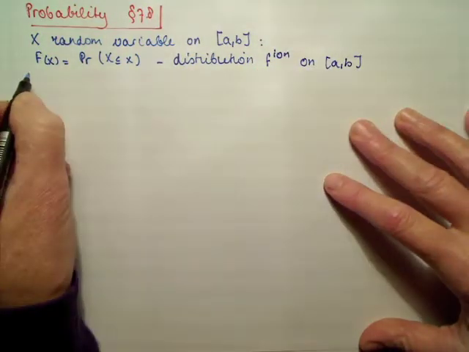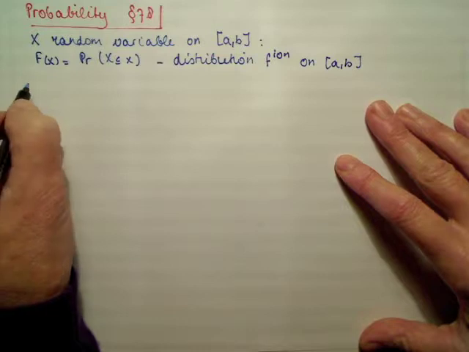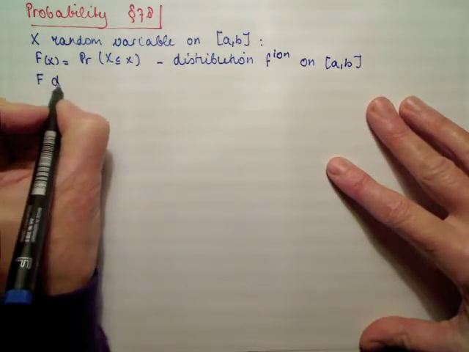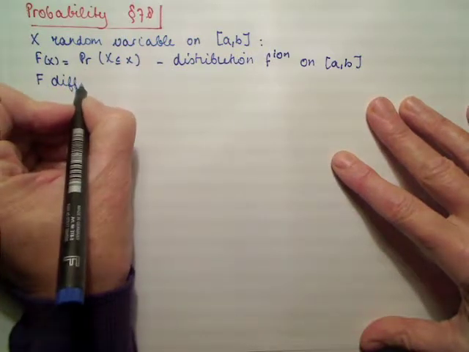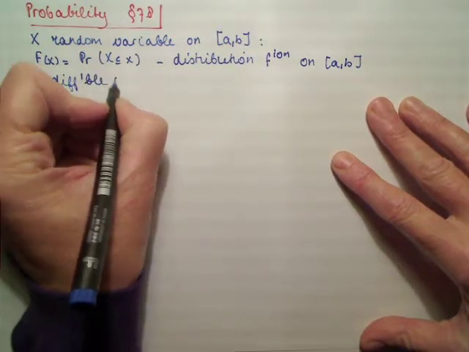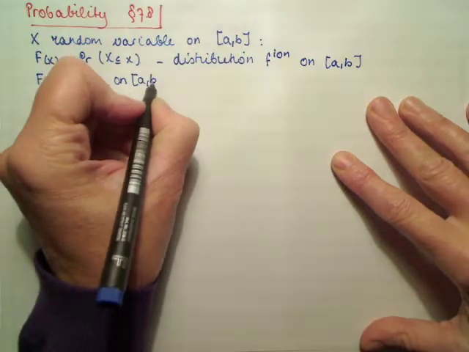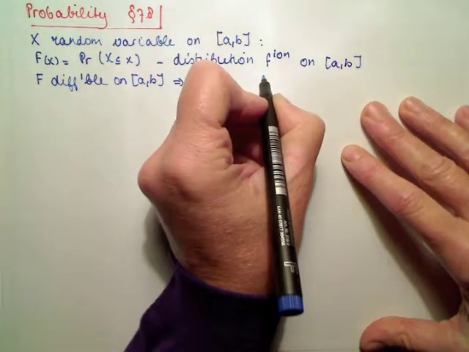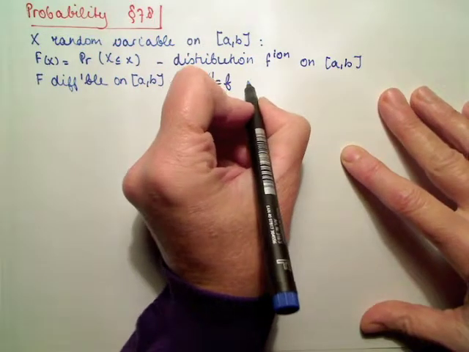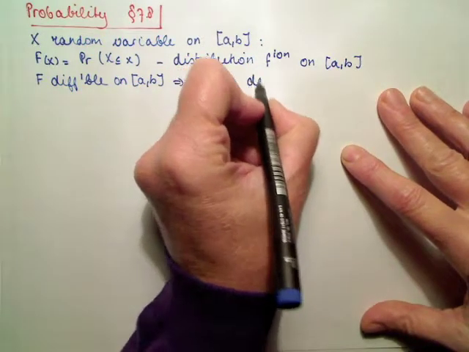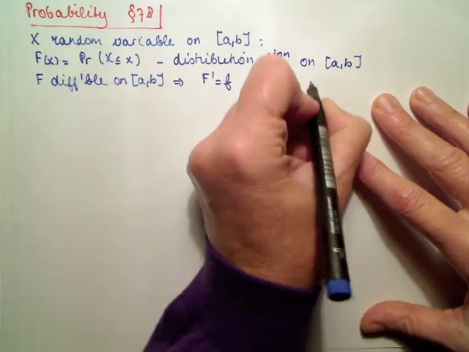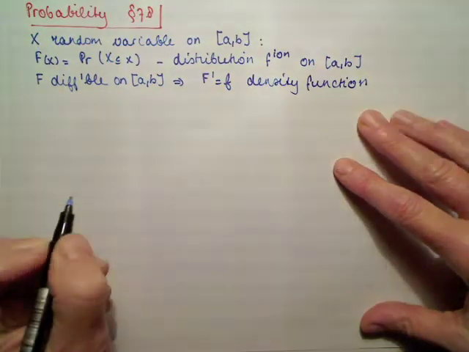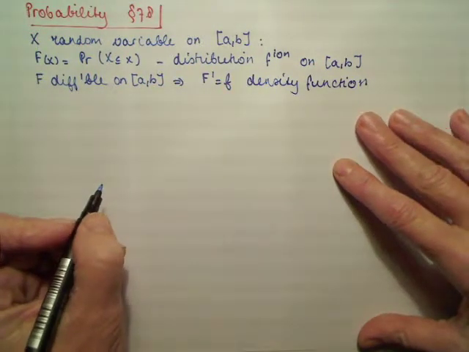Now, if F of x is continuous, you know that it is right continuous, but if it is continuous and even differentiable, then we can compute the derivative. We call it little f, and it has the name of the density function. So the density function is the derivative of the distribution function.